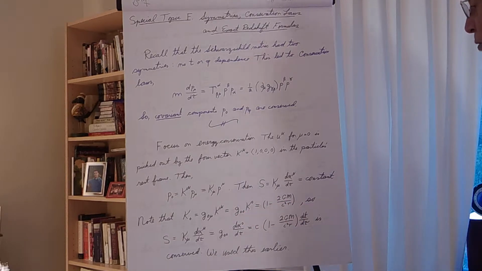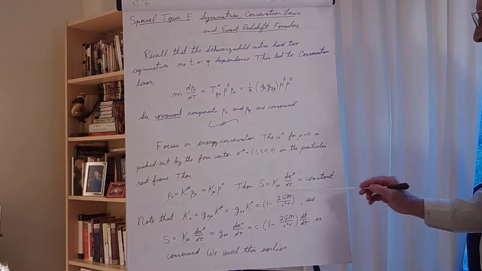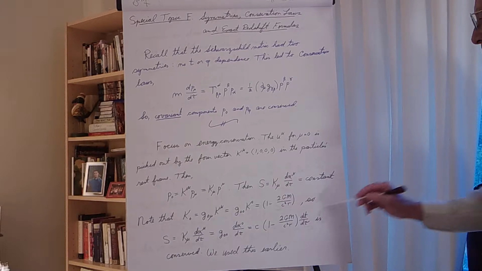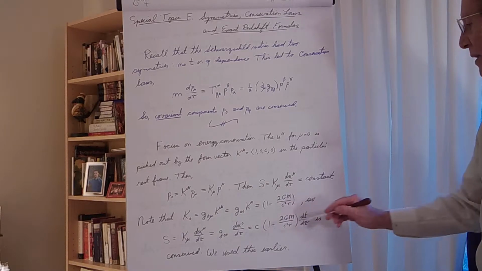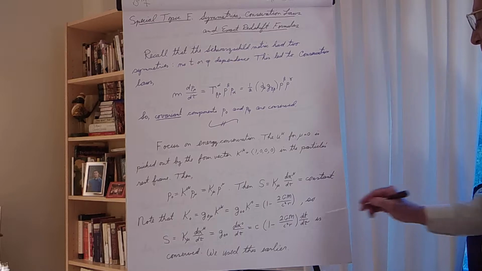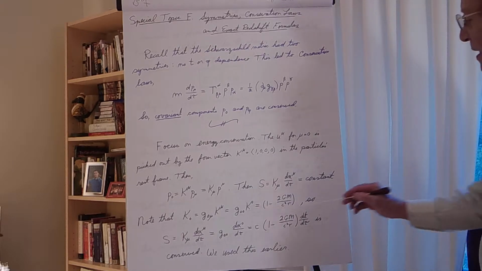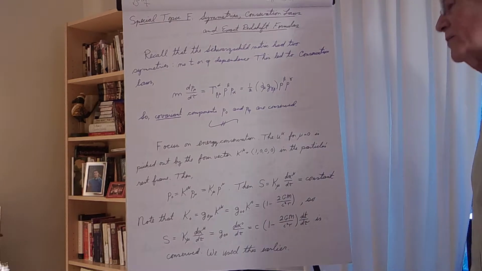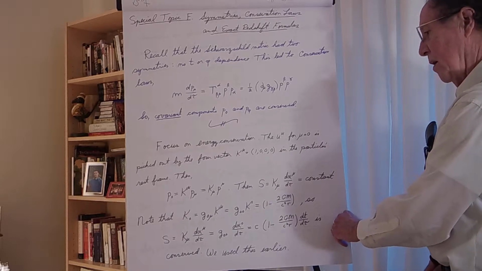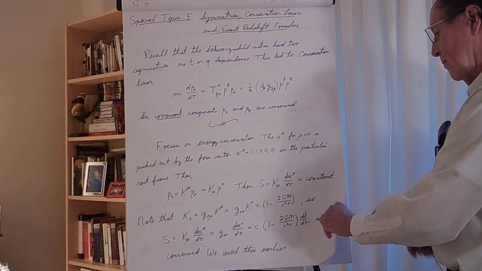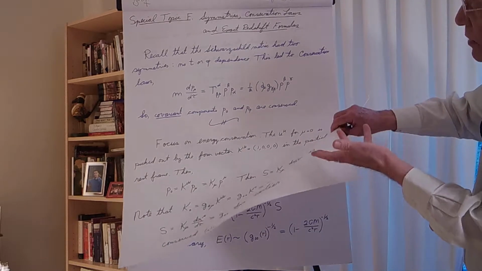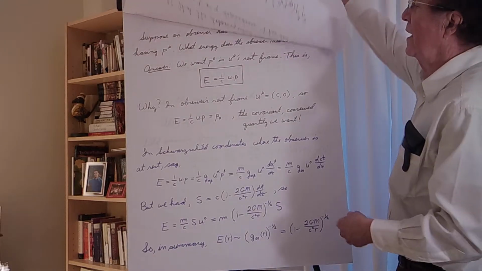There's a conserved quantity. I can write it in terms of the g00 and dx0/d tau. That's dt/d tau up to a factor of c. And we've seen that combination a great many times in our discussion of Schwarzschild orbital dynamics. We used this earlier. I'm not going to do anything new here. I'm just going to codify it.